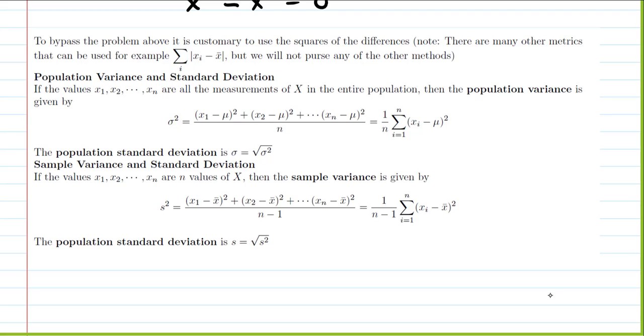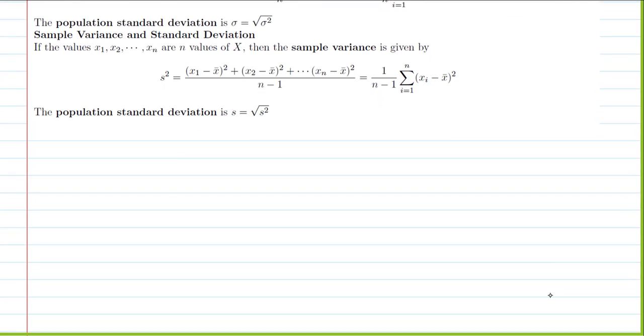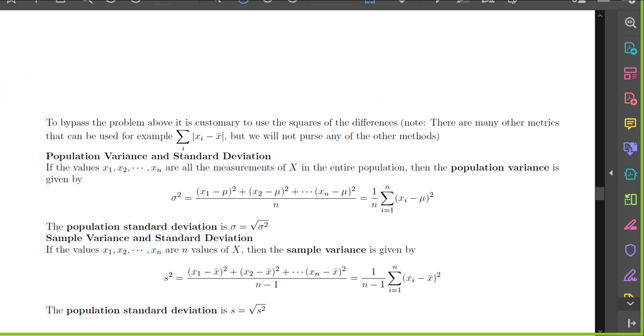Then the sample standard deviation is equal to the square root of s squared. There are a lot of reasons for dividing by n minus 1, but it's beyond the scope of this class. If you take a statistics class, they will talk about it more. We'll just believe it's true.